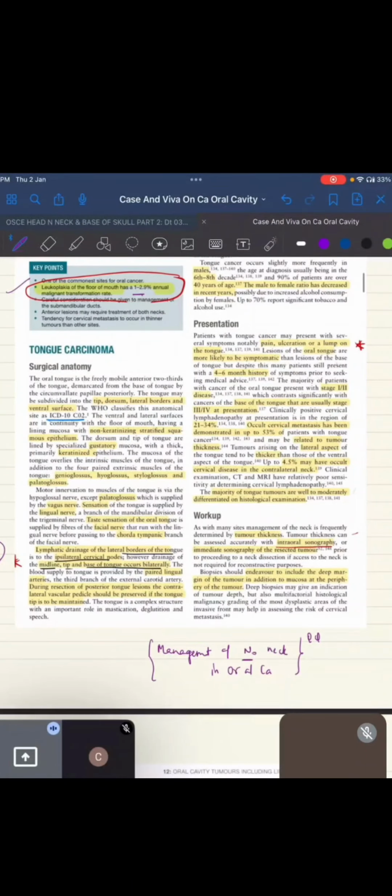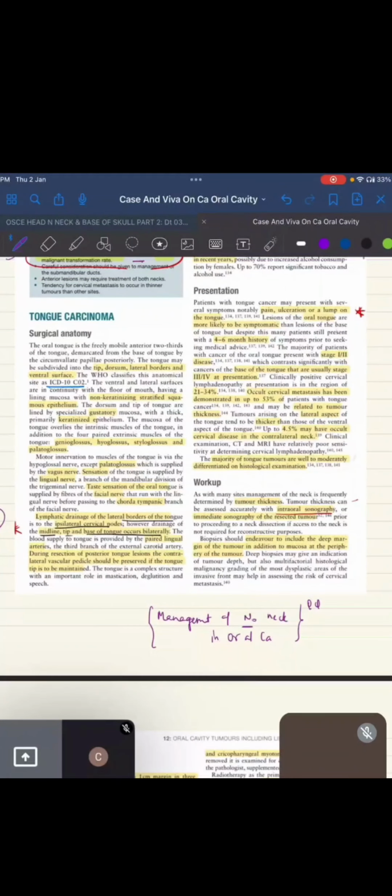The data was collected, and the study was stopped midway, before it was completed. The conclusion: in N0 neck also, whether nodes are positive or not, you have to do neck dissection for the patient with CA tongue. That has become a dictum nowadays. But in case something else is followed in your institution, you can stick to that: sir, the book says this, but we follow this in our institution.